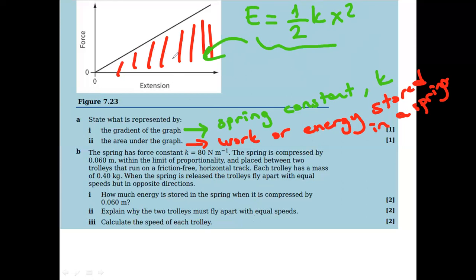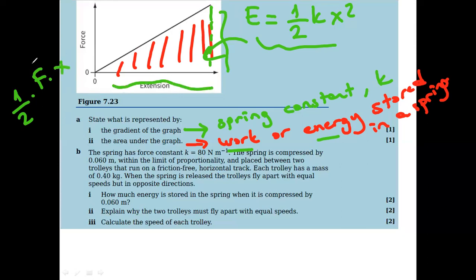How? Because we said this area under the line is going to be equal to what? Work or energy. So what is this area? It's basically the area of a triangle. So if I calculate the area of this triangle, I know that the area of the triangle is equal to 1/2 times this side, which is the force F, times the base, which is equal to X. I also know that from Hooke's law, F is equal to Kx.